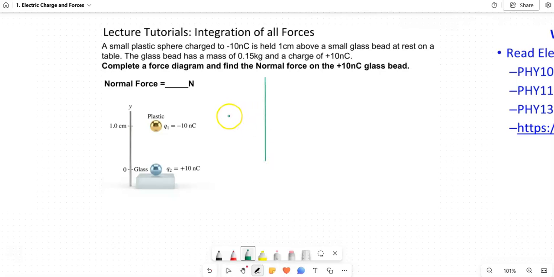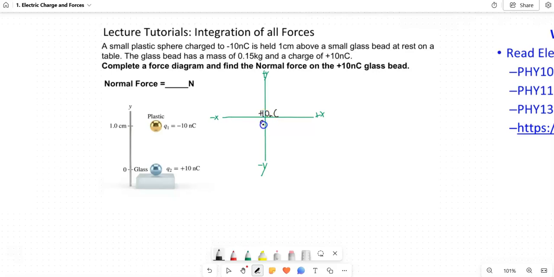Anytime you're doing vector addition or subtraction, you should write down a coordinate system. So this is going to be positive x, positive y, negative x, and negative y. At the center of this, I'm going to put positive 10 nanocoulombs. That's 10 to the negative 9th coulombs.